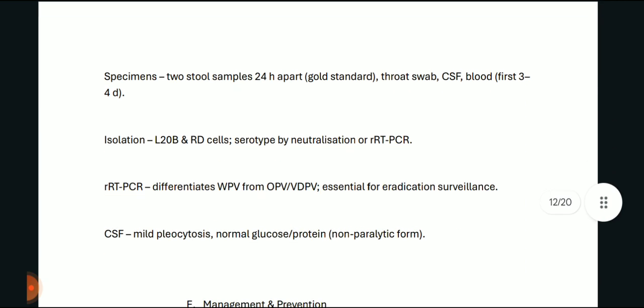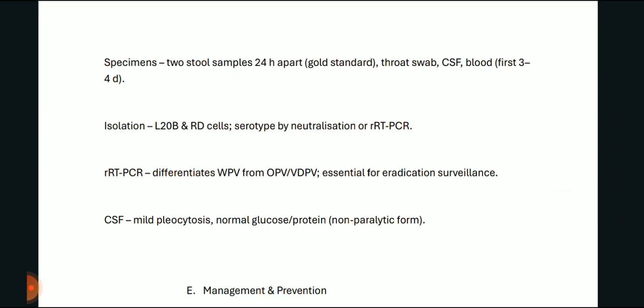Now about the lab diagnosis. About specimens, we have to collect 2 stool samples 24 hours apart, which is the gold standard. We have to take the throat swab, CSF and blood in the first 3 to 4 days. Next, isolation of the virus is done on L20B and RD cells, with serotyping by neutralization and RT-PCR. RT-PCR differentiates WPV from OPV or VDPV.